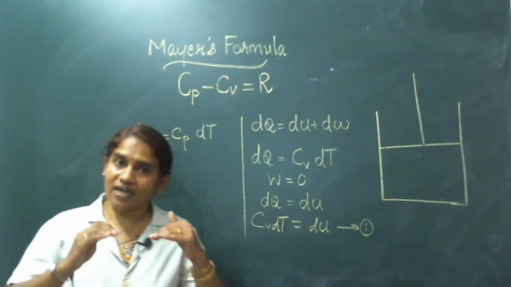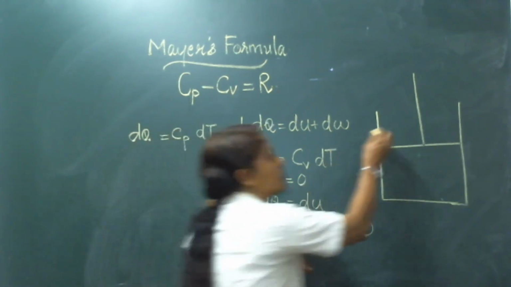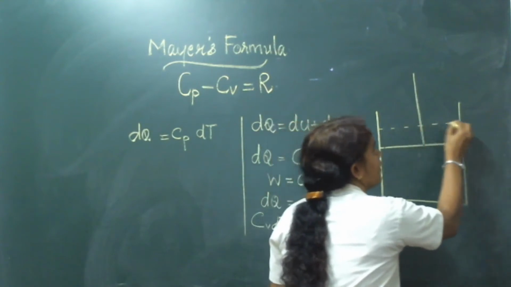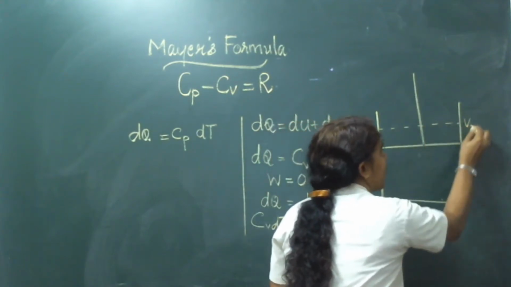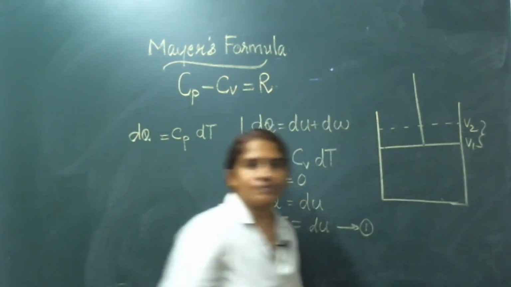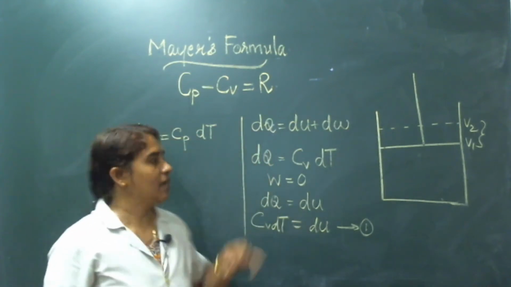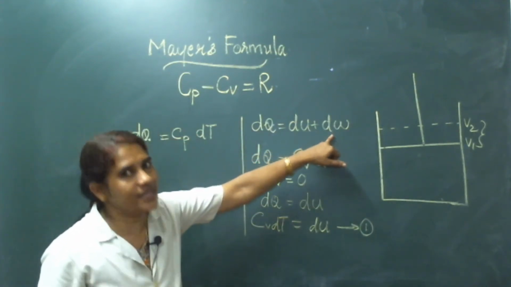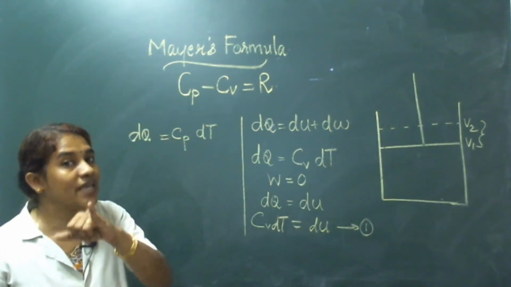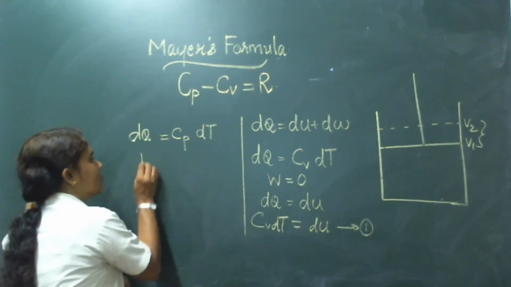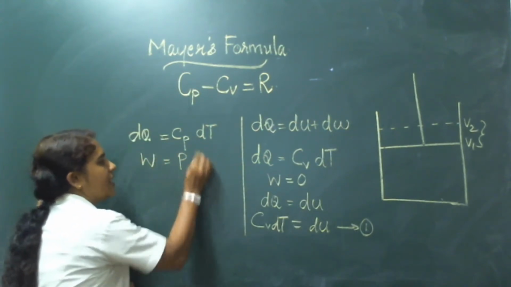Since it is under constant pressure, its volume is changing from V1 to V2. That means there is a change in volume. That means work will be there, which is equal to P dV. Right. So, work is equal to P dV.